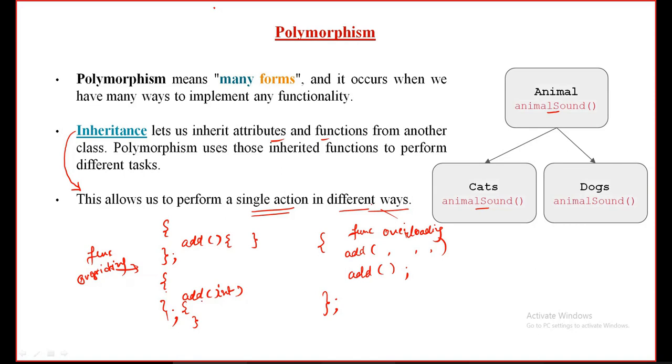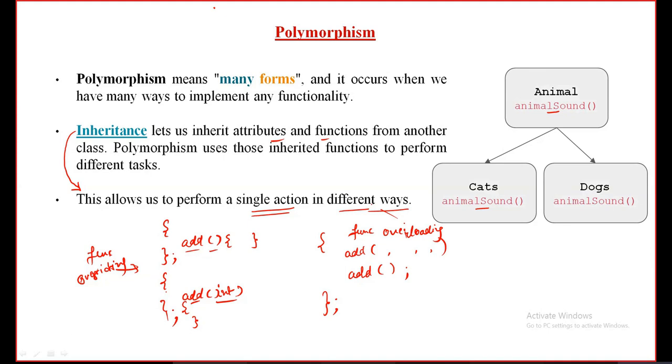No, definitely not. Because for function overriding, the prerequisite is that the function name should be the same, but the argument list should also be the same, which is not the case over here.